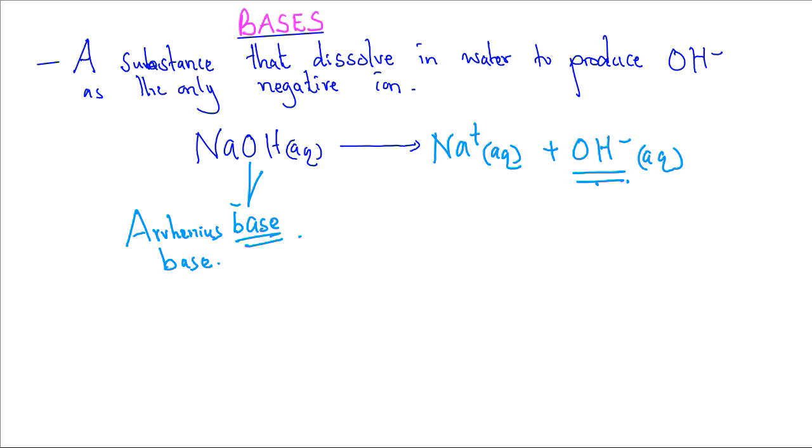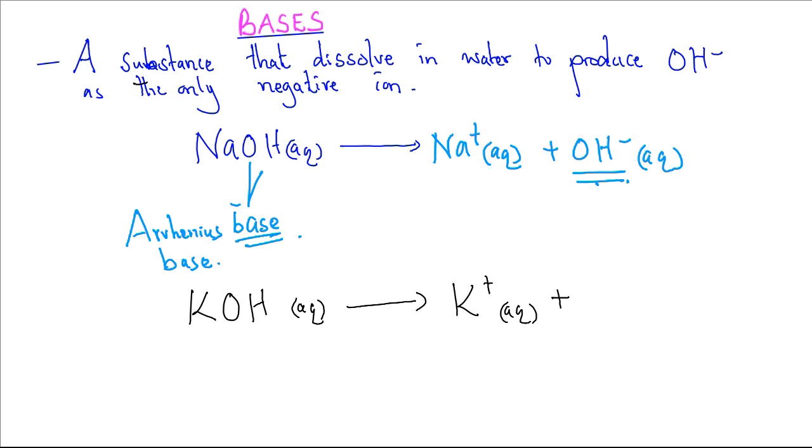Potassium hydroxide behaves in a similar manner. Potassium hydroxide in solution will dissociate to give potassium ion, that is positive, plus hydroxyl ion.